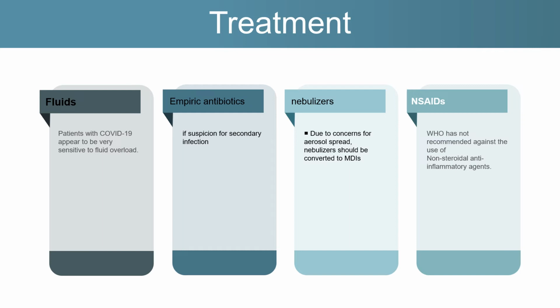And if the patient is in shock, which rarely happens at presentation, usually the shock is because of cytokine storm or myocarditis, both of which do not respond to IV fluid. Empirical antibiotics should be started if there is suspicion of a secondary infection.